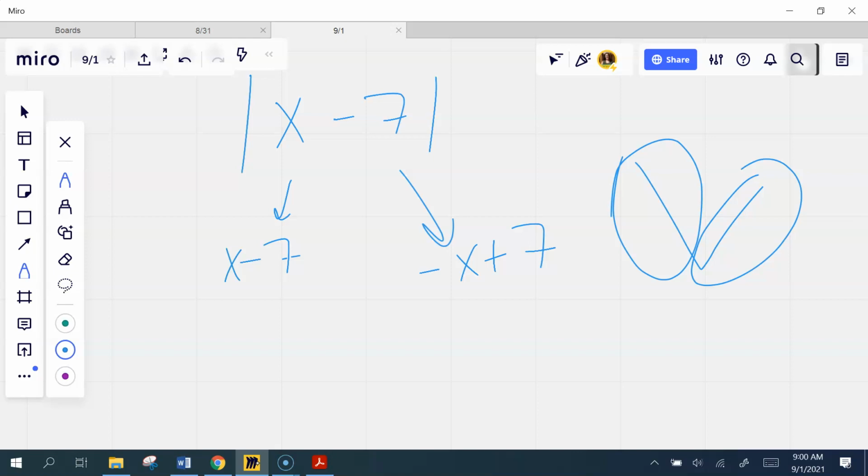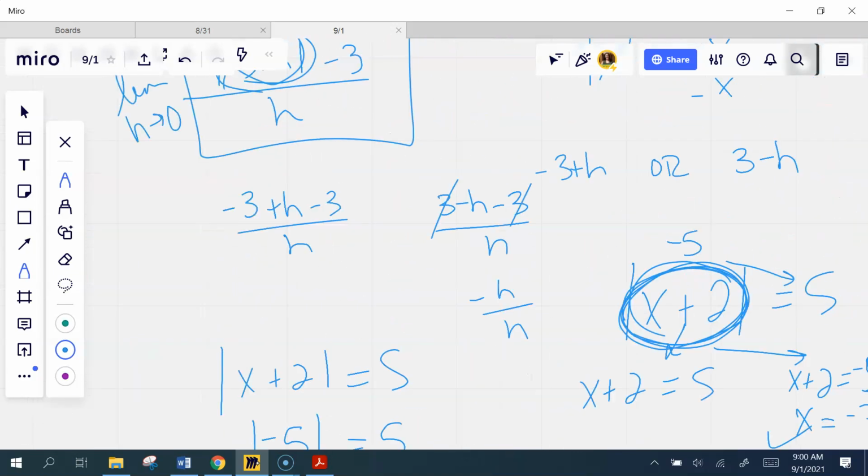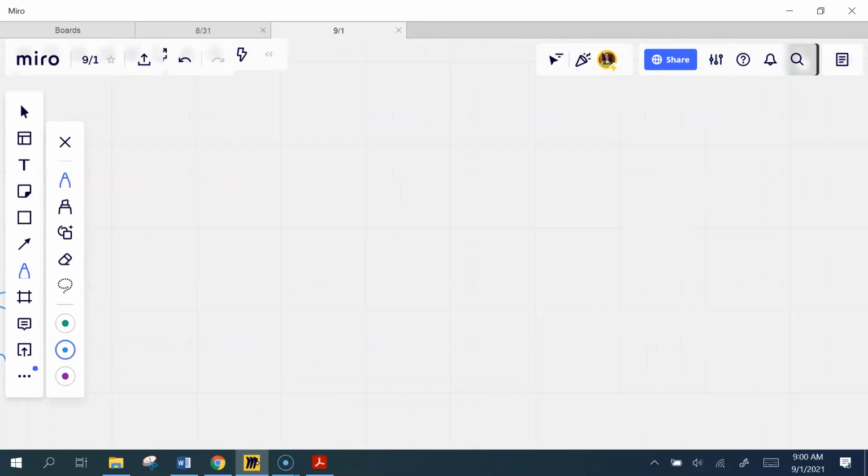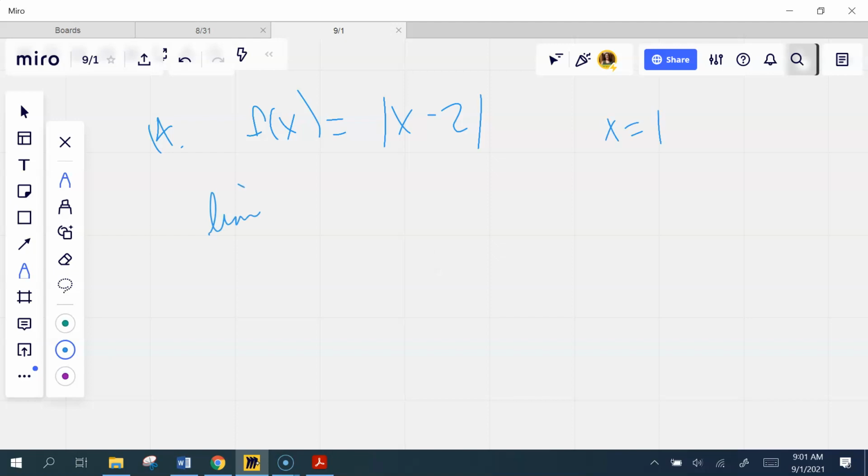Did 14 work out the same way? Let's look at it. This says at x equals 1. Okay? So the limit as h goes to 0, right, of f of x plus h minus f of x over h. But this is 1.